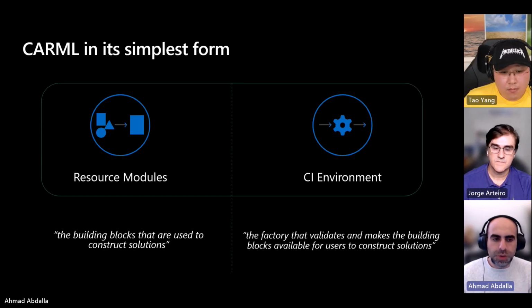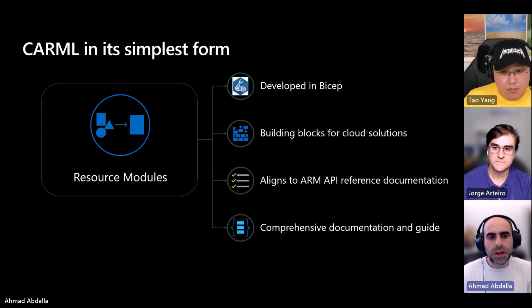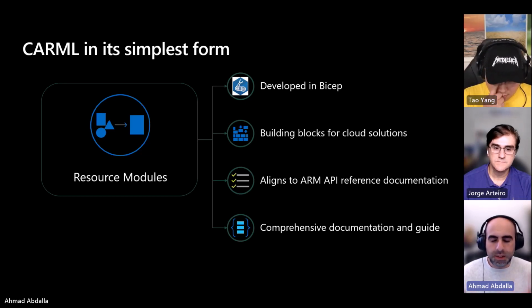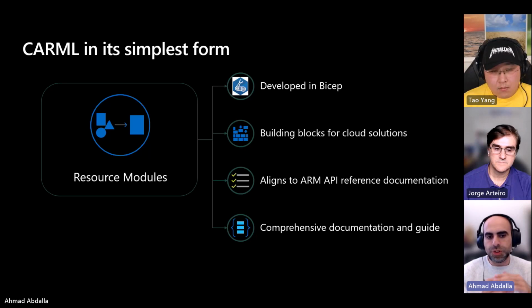So the resource modules are primarily developed in Bicep. That is the main language we use to deploy modules and test them. It is a building block for cloud solutions, as I said earlier. We have strong alignment to the ARM reference documentation. We even have tests in our pipelines that detect if the module API version is outdated for multiple API releases.